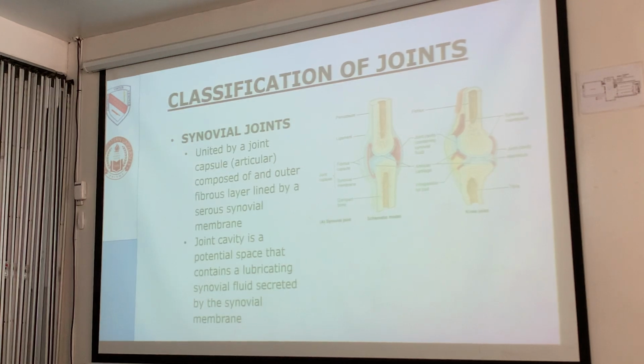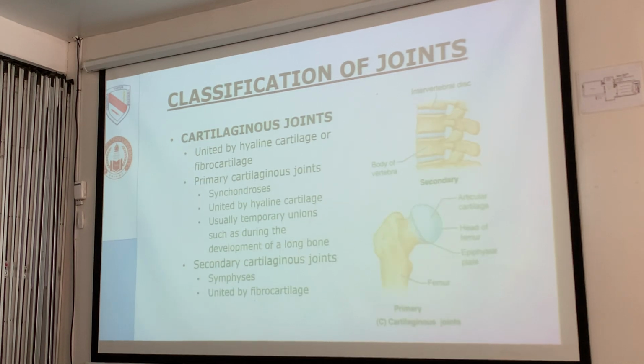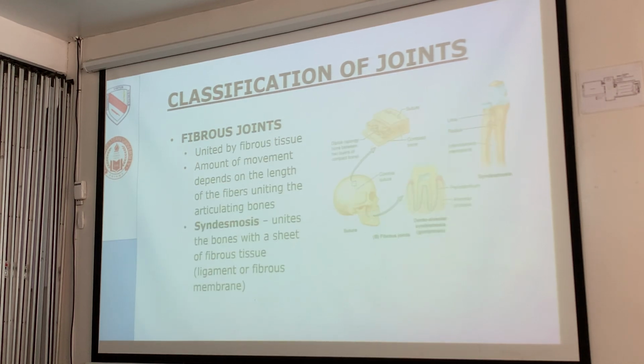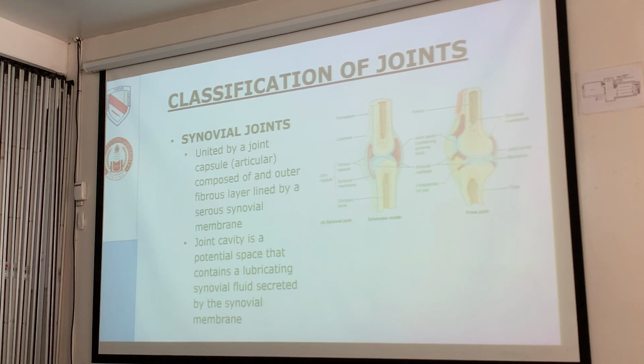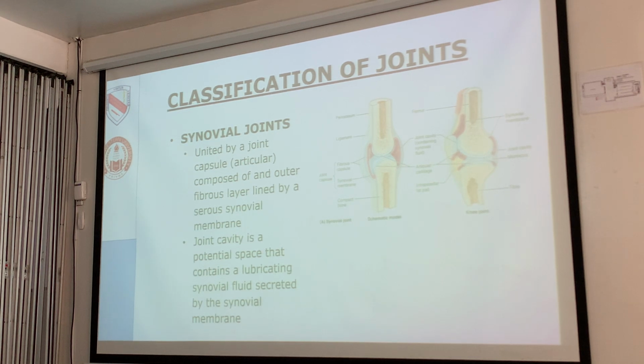For the joints, you can classify them as synovial, fibrous, and cartilaginous joints. You have your examples of this one. Synovial joints are united by a joint capsule, composed of an outer fibrous layer lined by a synovial membrane. The joint cavity is a potential space where lubricating synovial fluid is secreted.